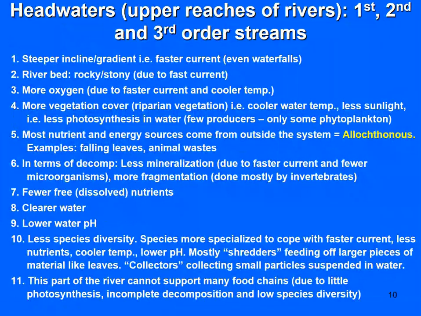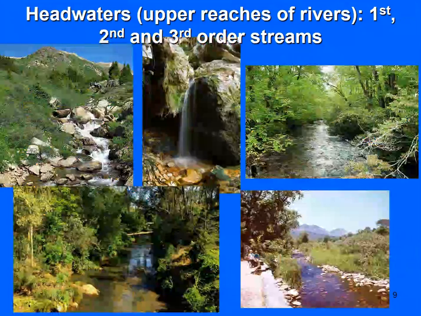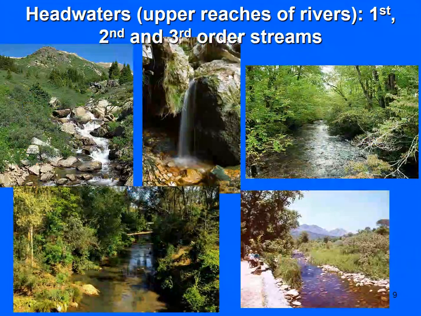And so we are now going to look at the characteristics of each part of the river and how it gradually changes, and what is important about these changes. So in our next video, this is what we're going to be talking about.